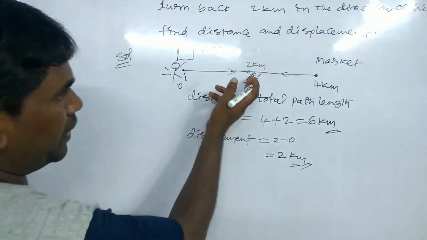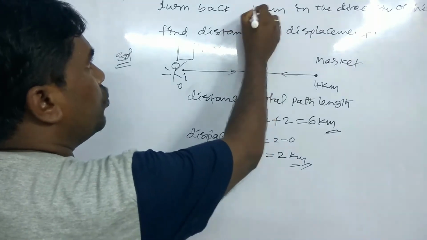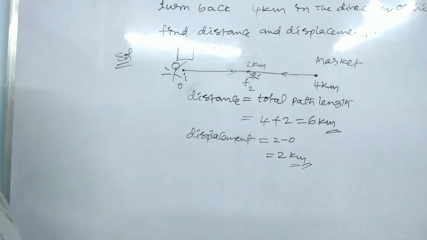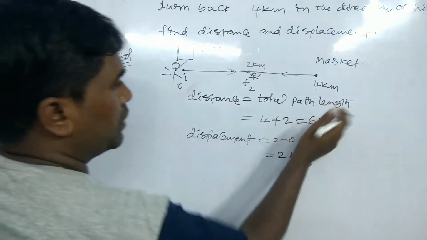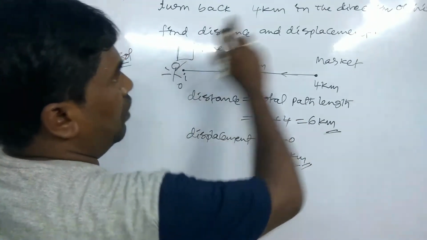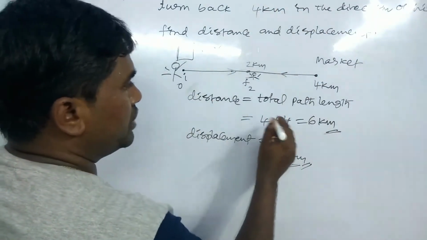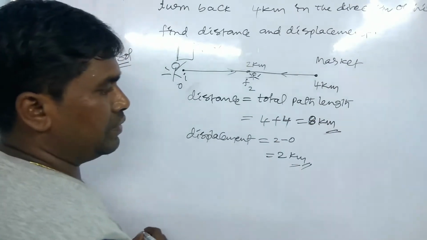Suppose a man walks 4 km, turns back and walks 4 km in the direction of home. What is the distance and displacement here? The distance is the total path length, 4 plus 4, to and fro, that is 8 km he traveled.